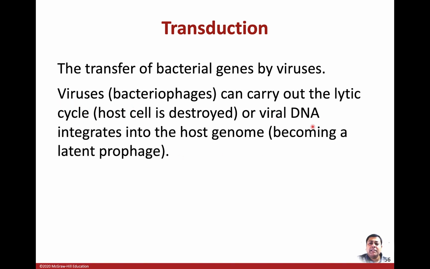So some of these temperate phages can integrate their own genome as a latent prophage, and that is the temperate phage nature. But these temperate phages sometimes can turn into virulent phages, where this type of process, which is known as lysogeny, will be converted into the lytic cycle.